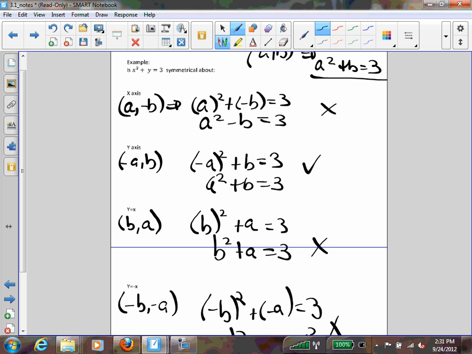If only one term is squared, this is a quadratic, but it's not x squared. In this case, it's y squared. So this is a parabola. I'm sorry, that's not right. This is a parabola pointing down.